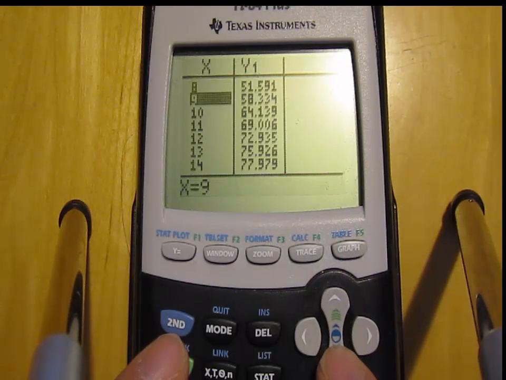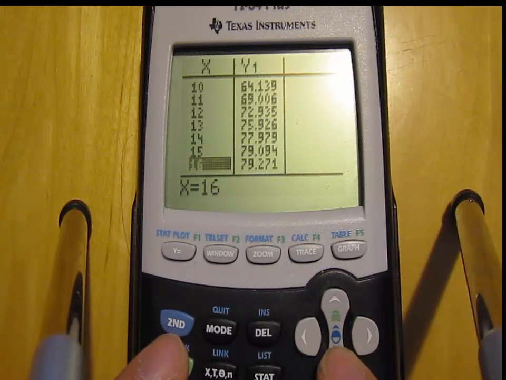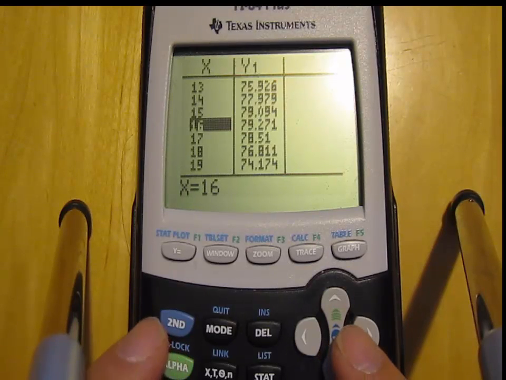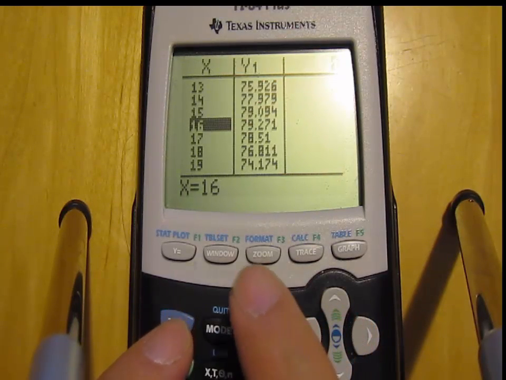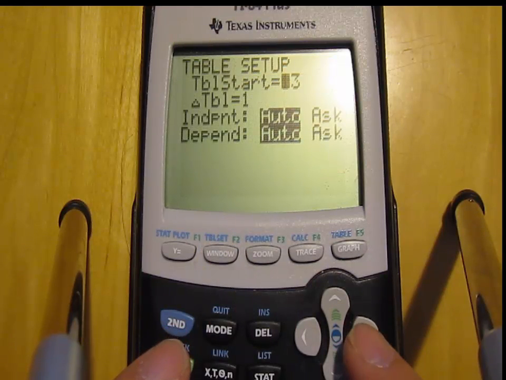Now we got another table. When you scroll down, you will find out the maximum is going to lie between 16 and 17. So we have to change the setup again.